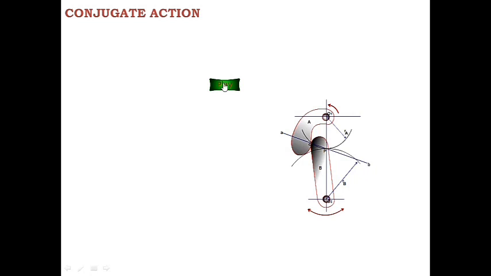The line of action will intersect the line of centers at point P, which also defines the point of tangency of the pitch circles of the two meshing gears, and it is called the pitch point.